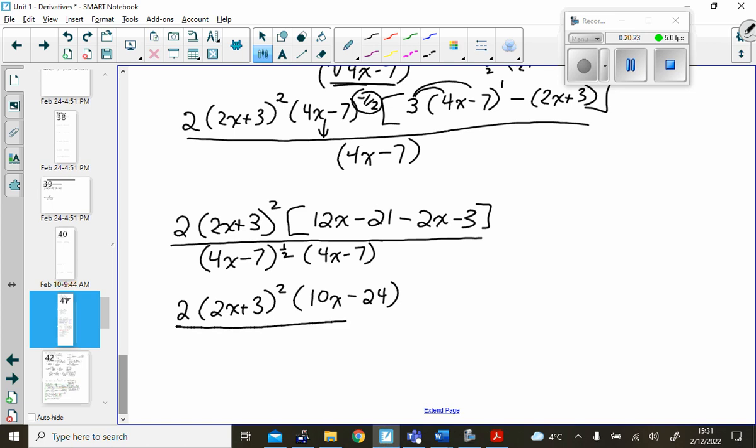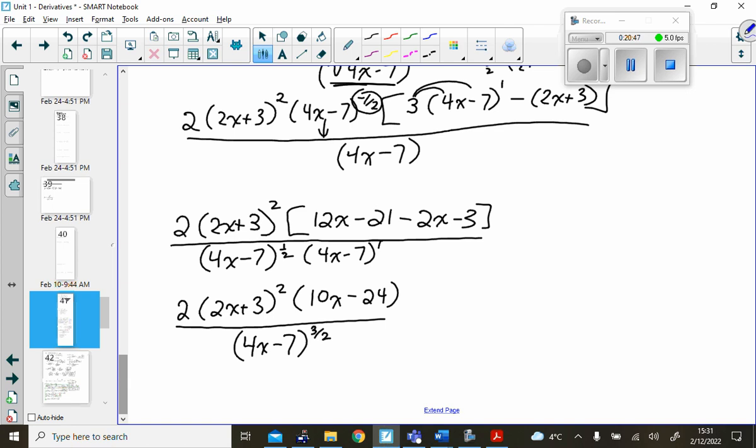And in the bottom, I see (4x minus 7) to the 1/2 and (4x minus 7) to the 1. They're the same base, so I'm going to add the exponents together. 1/2 plus 1 is 3/2. So you will get (4x minus 7) to the 3/2. Again, you're about to ask me, how do I know if I'm done?